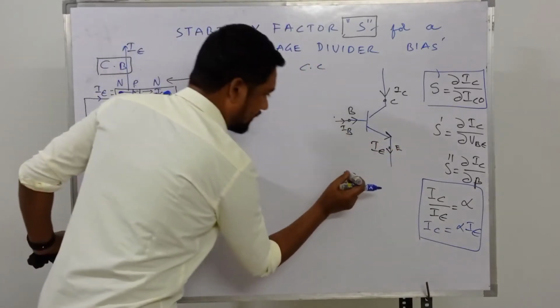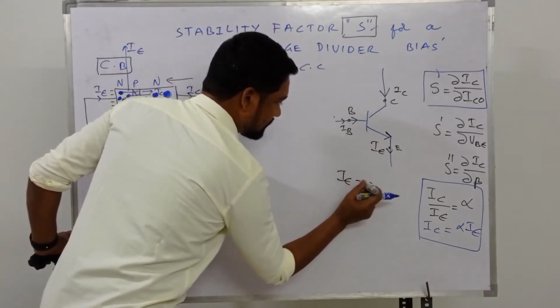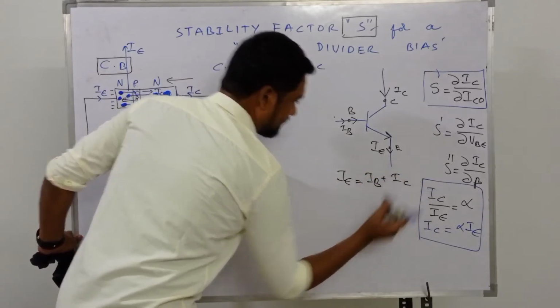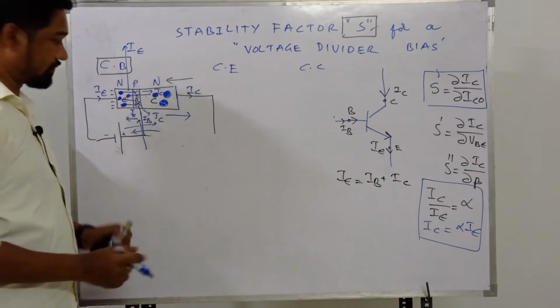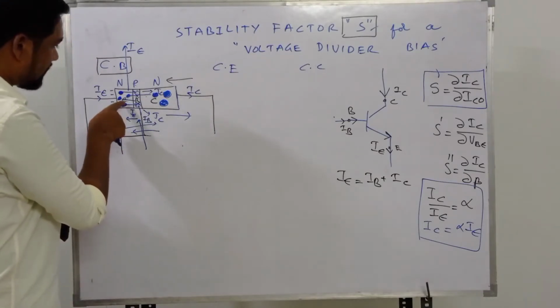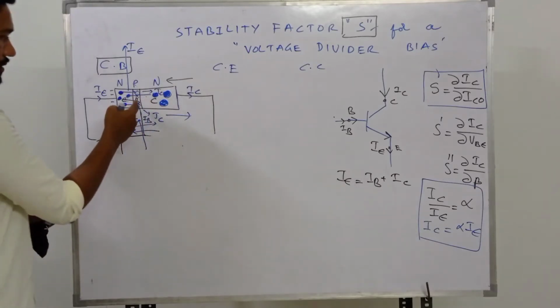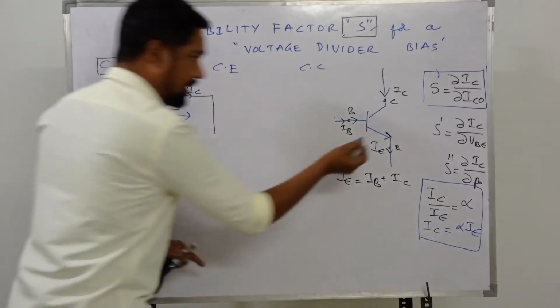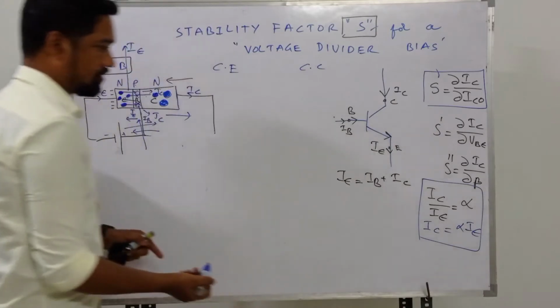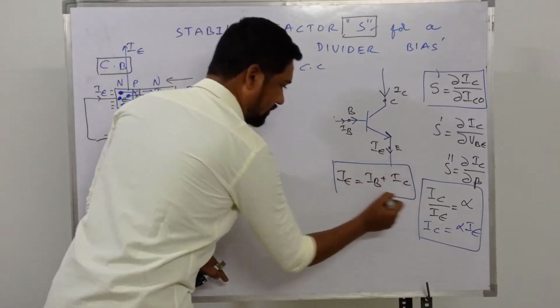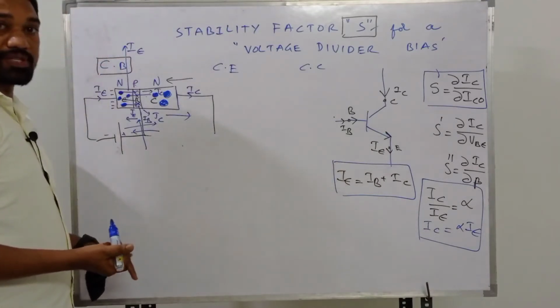The expert says IE is equal to IB plus IC. Electrons are moving from emitter to base, in the sense that holes will be moving from base to emitter, and we go for the conventional representation. A deadly important relationship: IE, the emitter current, is equal to IB plus IC.